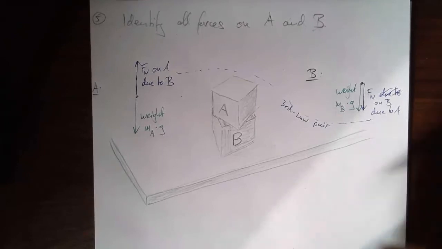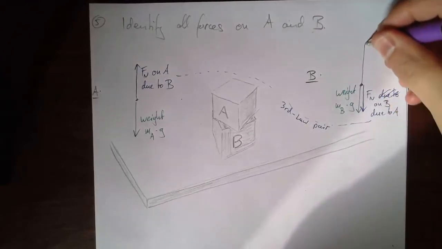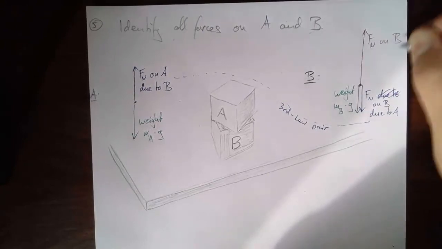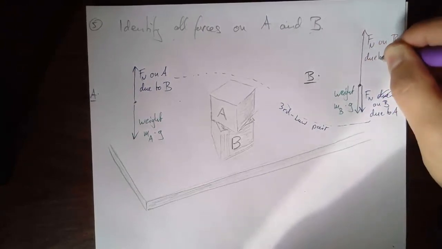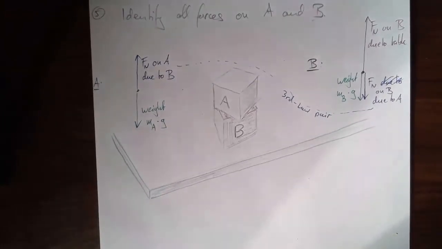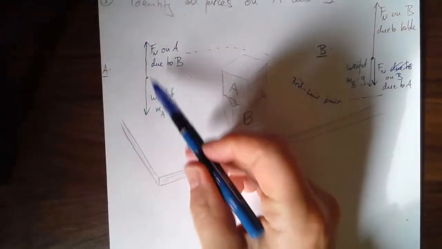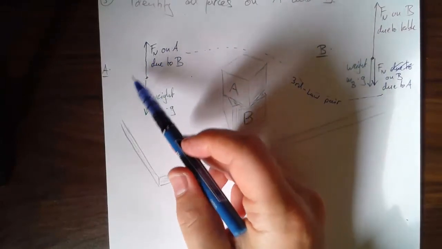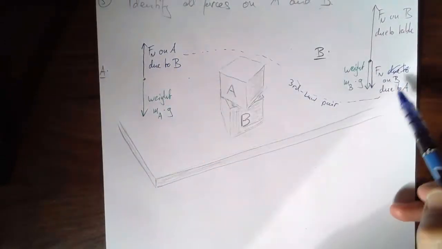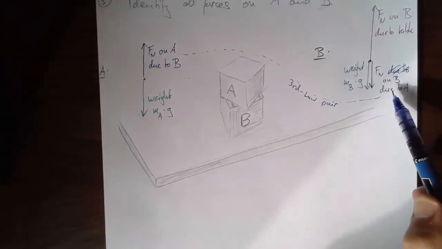So what's done with the table? Well, that means the table is going to be supporting block B, but its normal force therefore has to be up. It's on B, but due to the table. And so mathematically, those two are equal, because they must be, right? They cancel each other out, otherwise A would start moving. This one is equal to this one, because they're two sides of the same interaction.